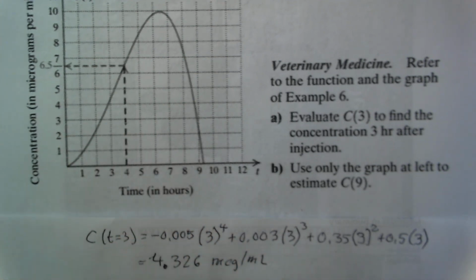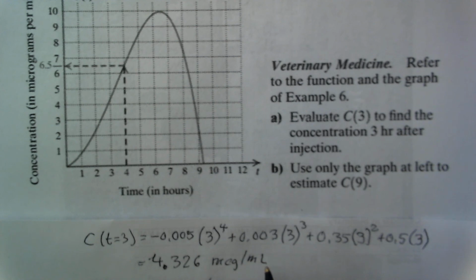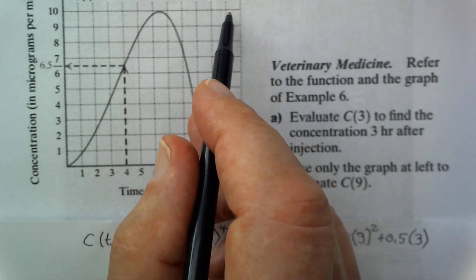So then from the graph, C of 9 means 2 micrograms per milliliter. So that's how you can use a graph or a function itself expressed this way here.